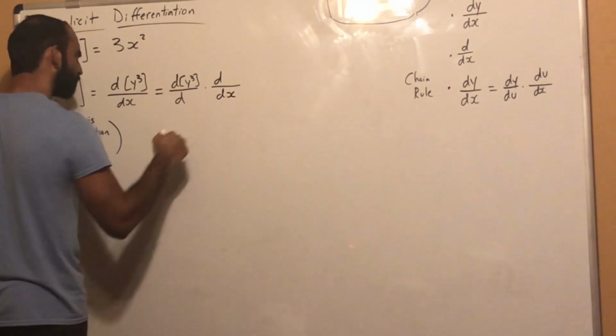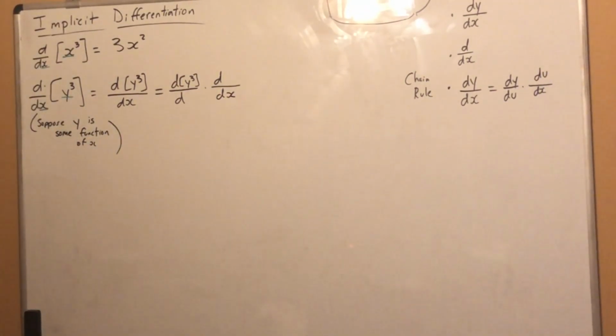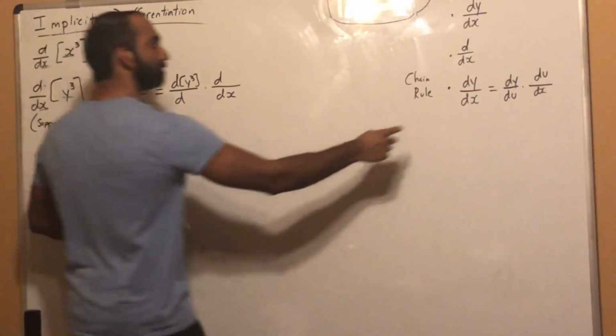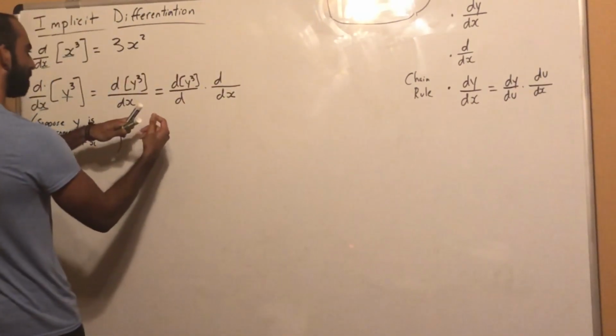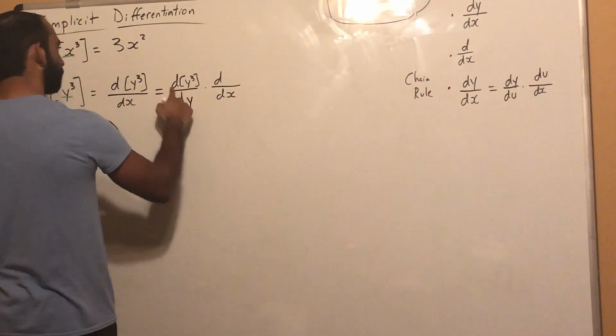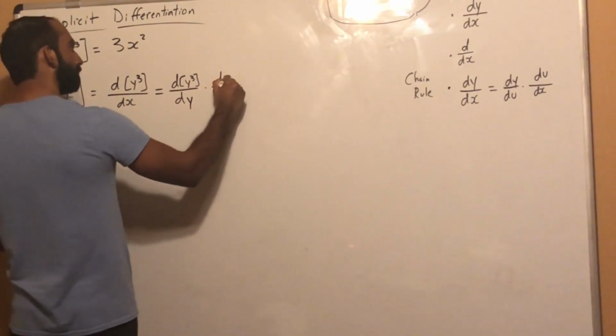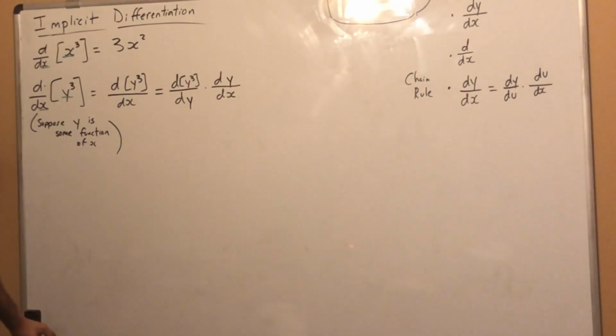Now what's the natural choice for u in this scenario? What am I cubing here? Y. Yeah. So for these situations, the natural choice for u is just, let it be y. So the derivative of y cubed with respect to y times the derivative of y with respect to x.